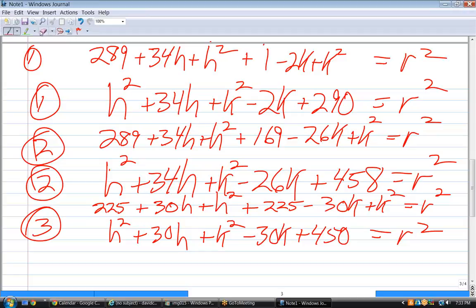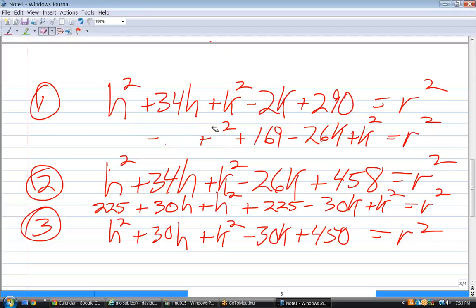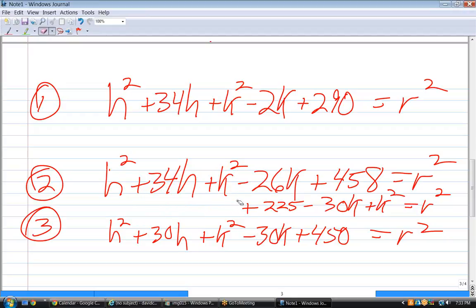Okay? Now I'm going to erase the one that is not ordered properly. You with me? Mm-hmm. And now I have these three equations to deal with.